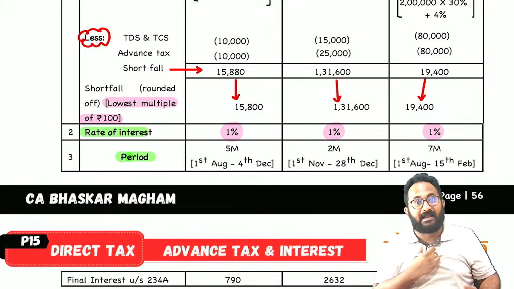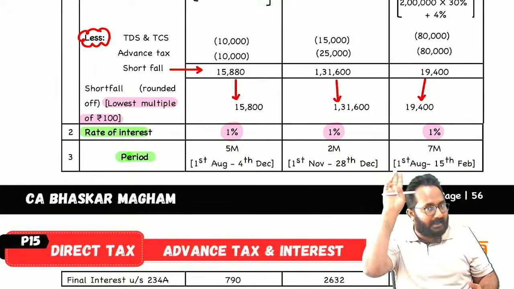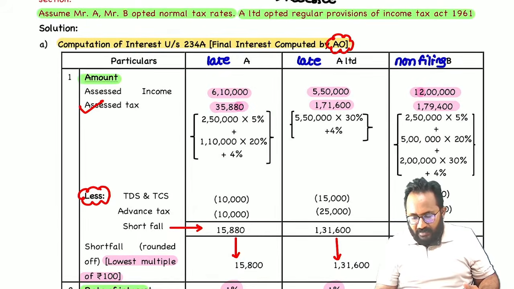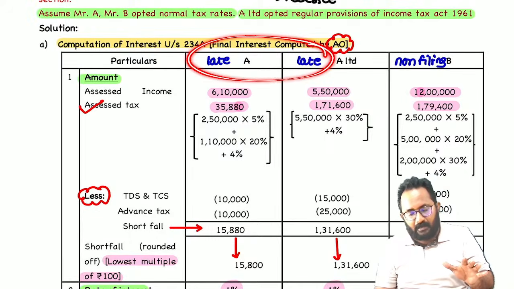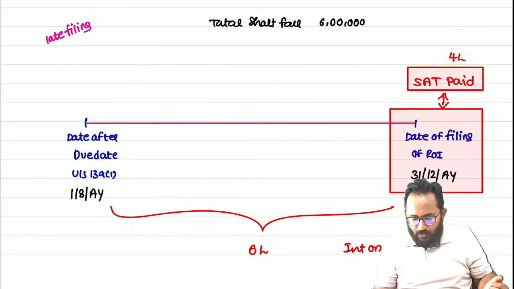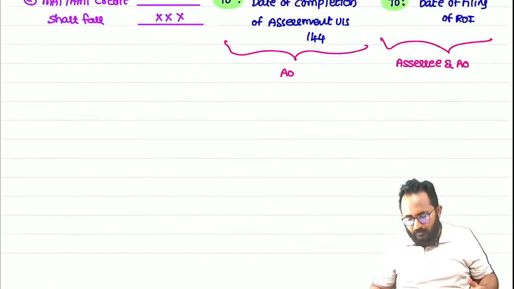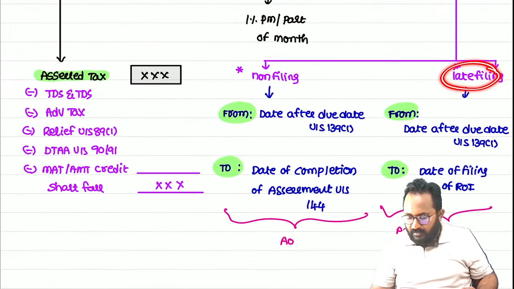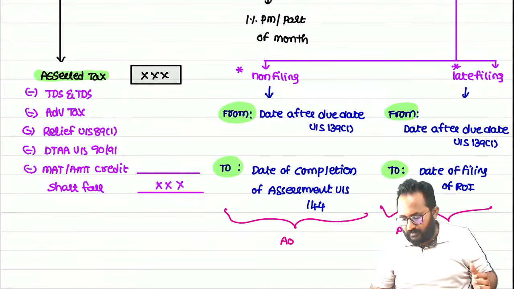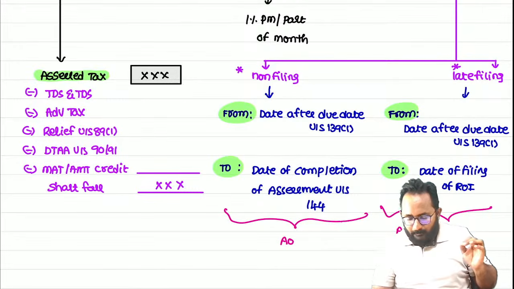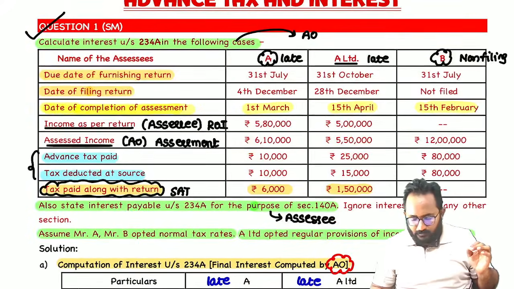Now period, again I am saying, the late filing related period. What is the period for late filing? Whether SSC computation or AO computation, the period will be the same in case of late filing: the date after the due date to the date of filing of return. Please look at the screen. Date after the due date to date of filing the return.